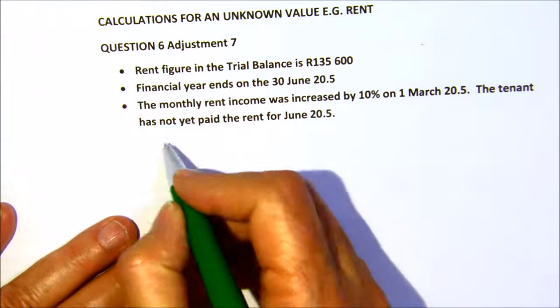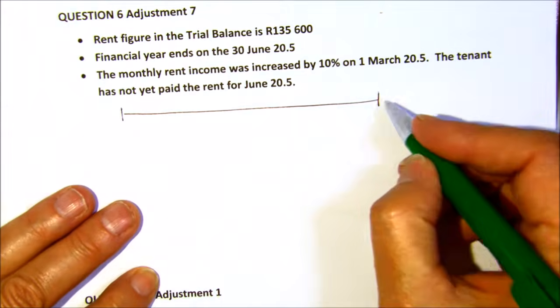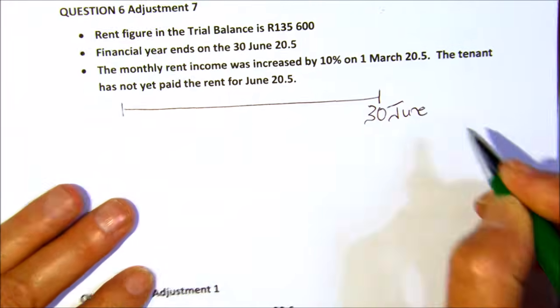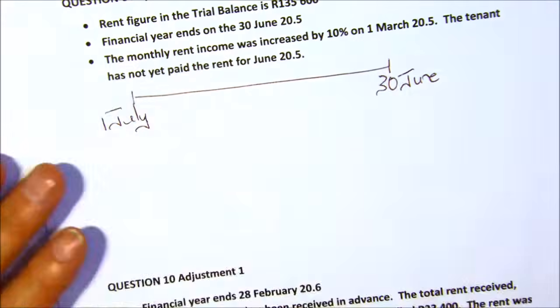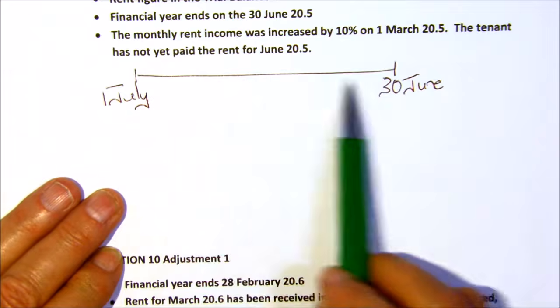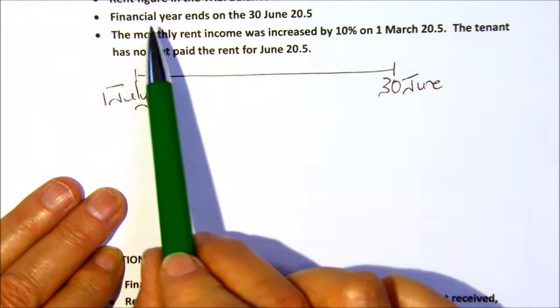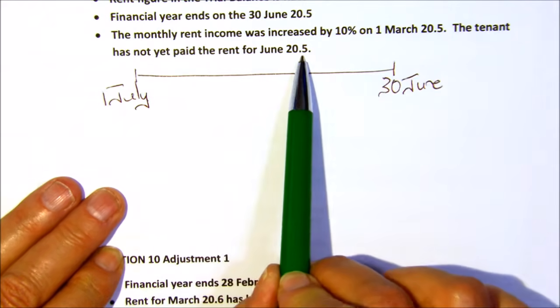So the first thing is, let's just draw a timeline. Your year ends on the 30th of June, so you would have started the year before on the 1st of July. Now you want the 12 months rent in your income statement. But they're telling you that the rent has not been paid for June.